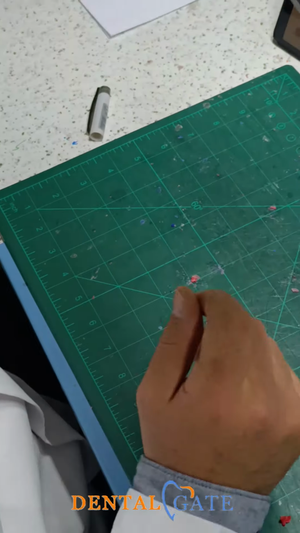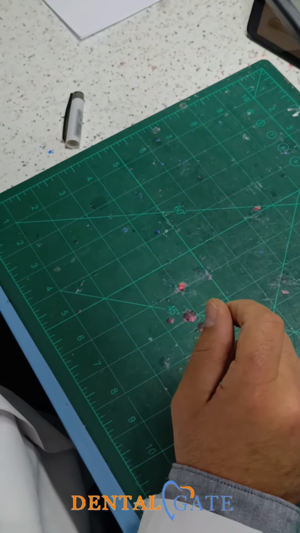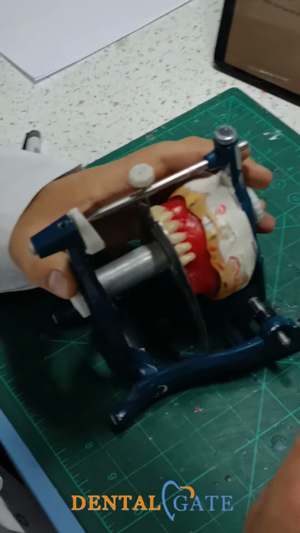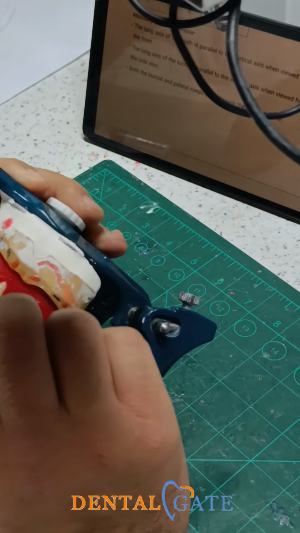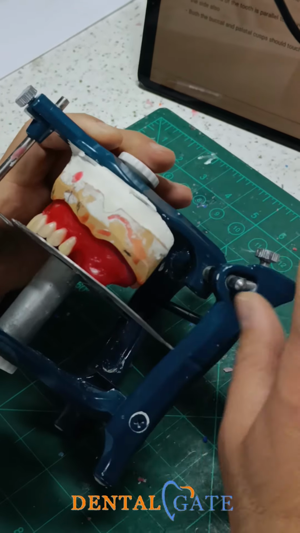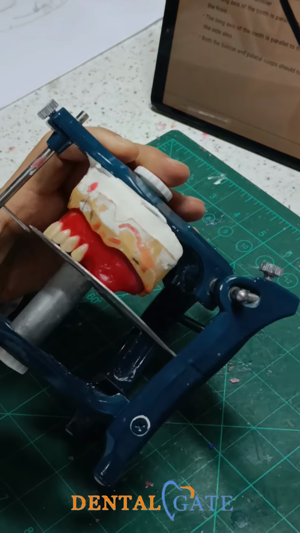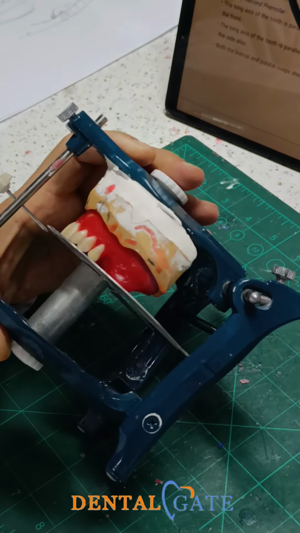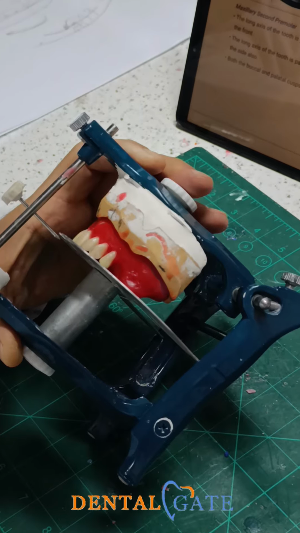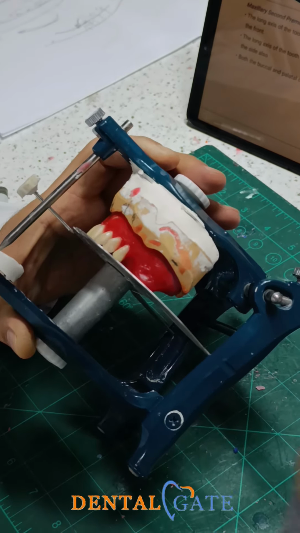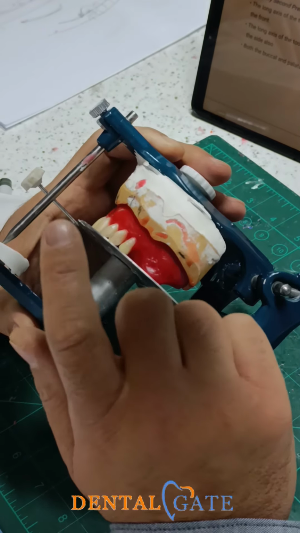These are the reasons it will be mandatory to follow the criteria to establish the principles of the balanced occlusion. We will prepare it for the balanced occlusion, okay? Because we have many stages to establish all criteria of the balanced occlusion, but this is the main one.